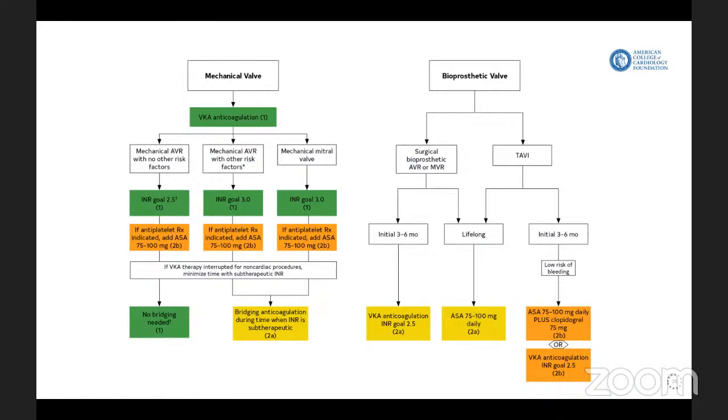For mechanical AVR with other risk factors for thromboembolism, or a patient with an old generation prosthesis, we target a higher INR. And addition of low dose aspirin to the vitamin K antagonist may be considered as a class 2B.